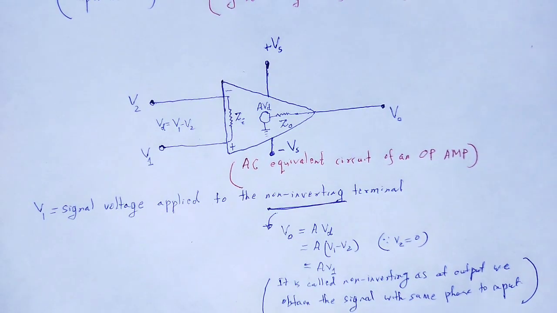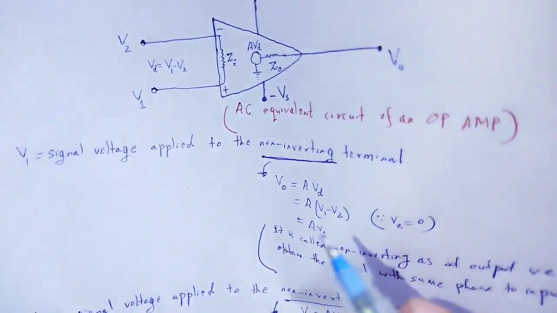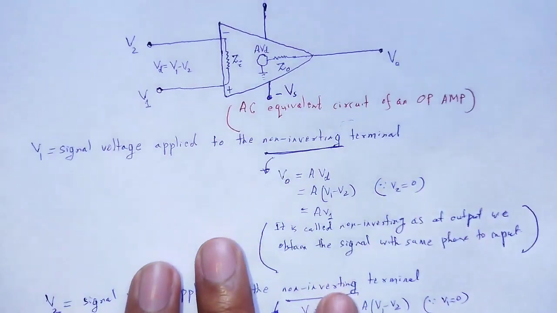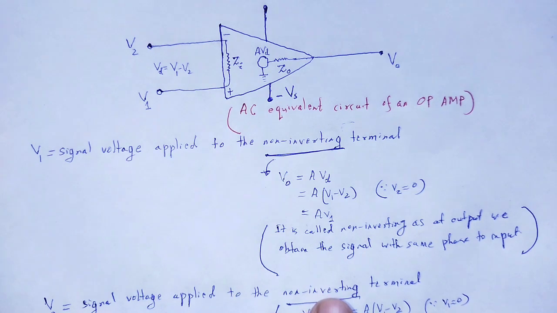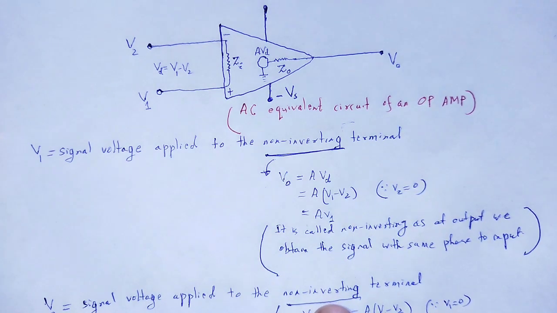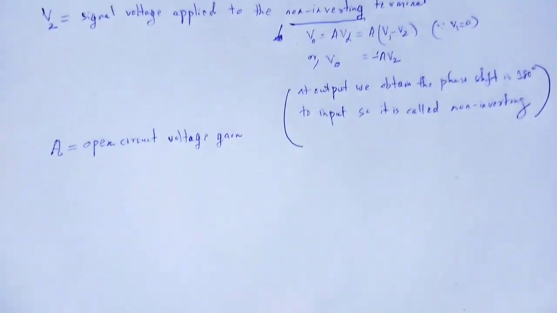Now, by using the AC equivalent circuit of an op-amp, we can easily characterize what is an ideal op-amp and what is a practical op-amp.